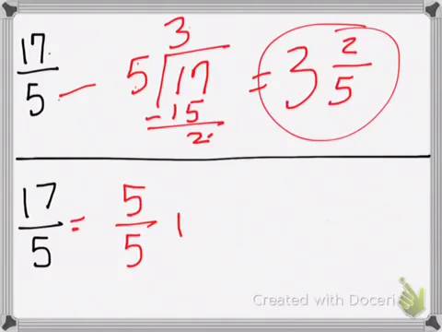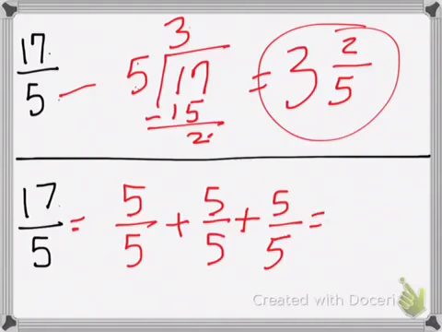So 5 fifths plus 5 fifths makes 10 fifths, right? Plus 5 fifths more makes 15 fifths. I can't put another 5 fifths because it would be 20 fifths, and that's too much. I want to get to 17 fifths.